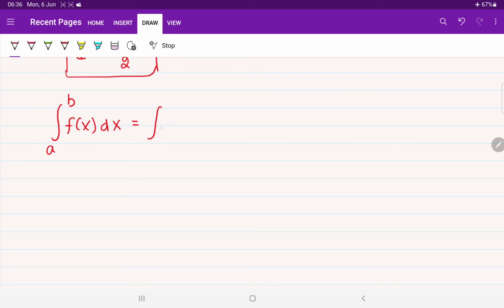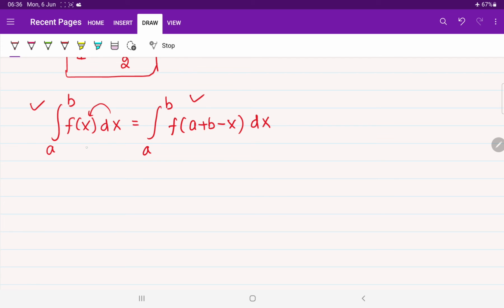Both will give you the same result. From a to b you can write f of upper limit plus lower limit minus the variable that we are going to integrate the whole function with respect to, into dx. These both are equal actually.